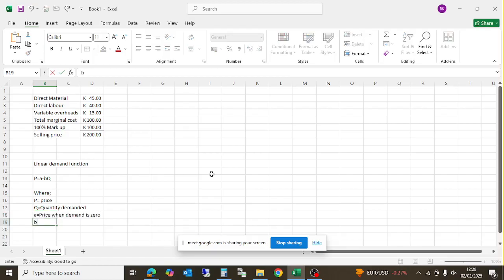And then B is a slope which represents the change in price per unit compared to the change in quantity.